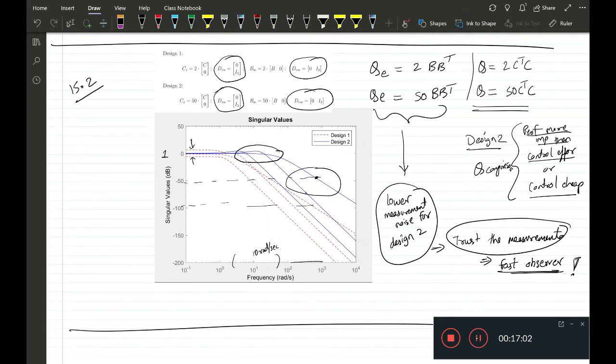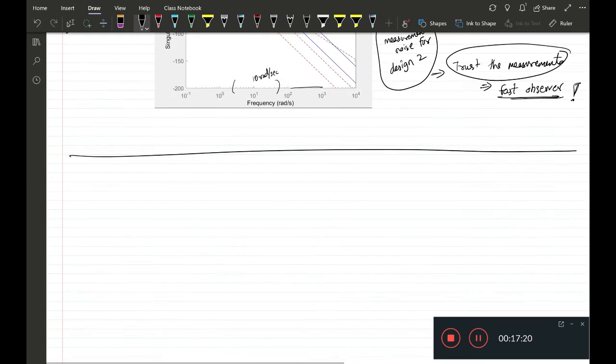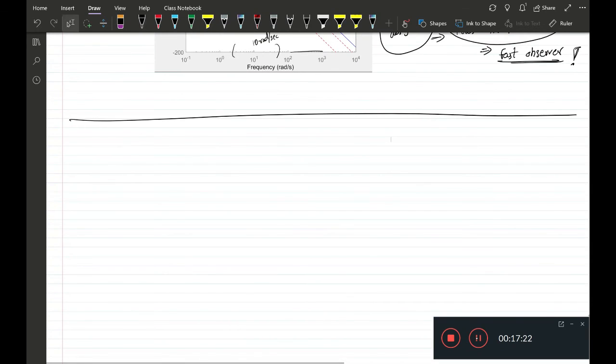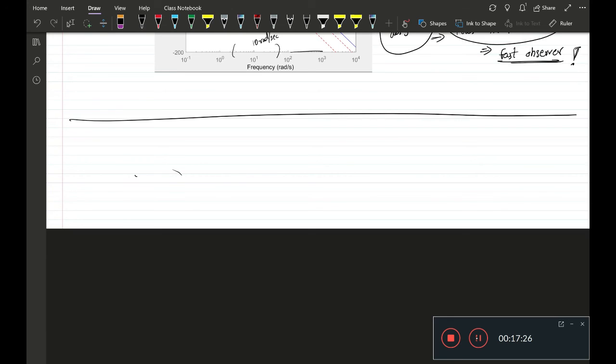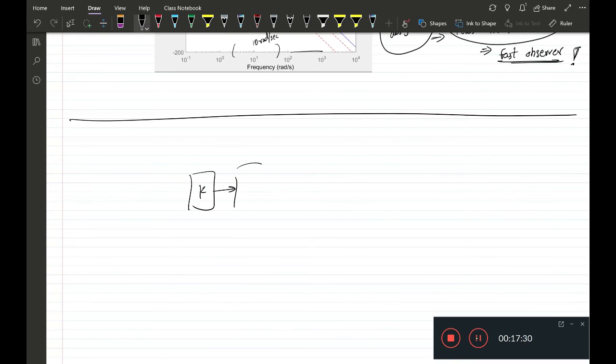Now 14.1 is basically just the same for any LQG design, so we consider that as being done as well. Now for the last one, we have to plot the singular values of the sensitivity transfer function. So let's first quickly recap what the sensitivity is for a given loop of this form.